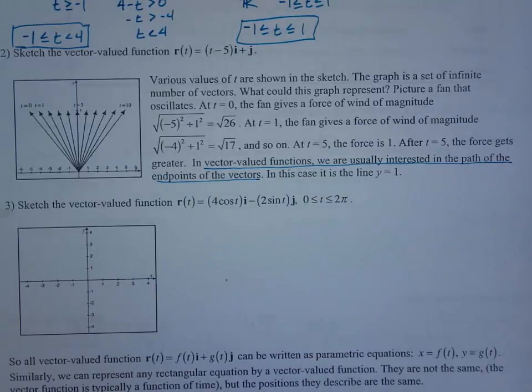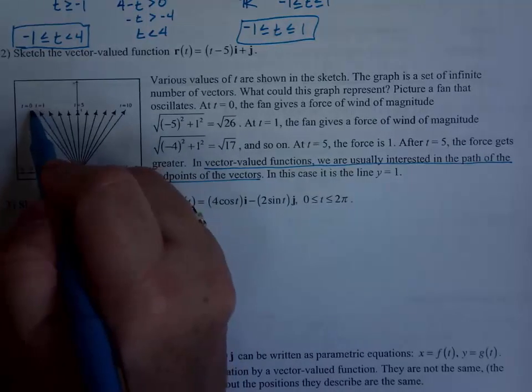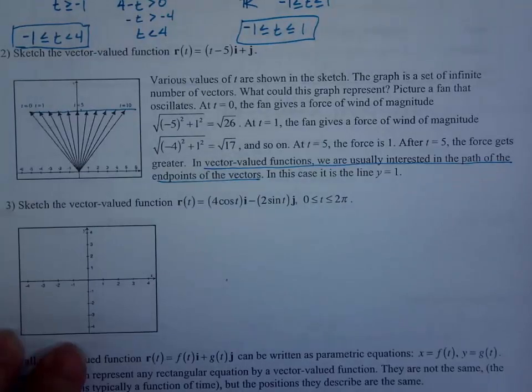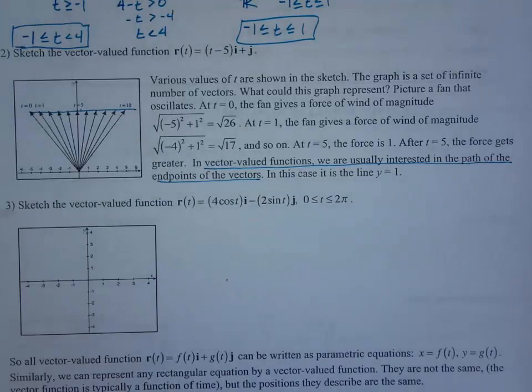So all we really usually care about are the tips of the arrows. What kind of path do they make? And in this case, if we take the tips of the arrows and connect them, we just have a straight line at 1.